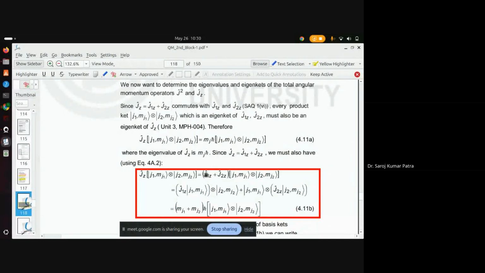So once we have this J1Z cap operated to find out the Z component of the angular momentum of the first particle, that will basically be acting on this J1 MJ1. It will not give any value on the other state, because this operator corresponds to the eigenket of this particular particle. So that is why we take J1.